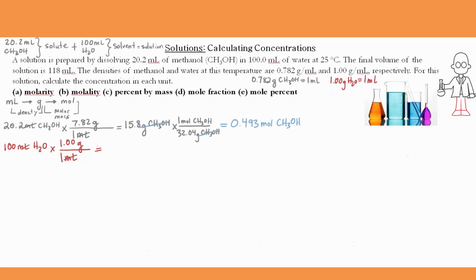Milliliters and milliliters cancel, so I wind up with 100 grams of H2O. So now I need to use the molar mass to go from grams to moles. In 1 mole of H2O, I have 18.02 grams of H2O. And when I complete that calculation, the unit of grams cancels, and I wind up with 5.55 moles of H2O.